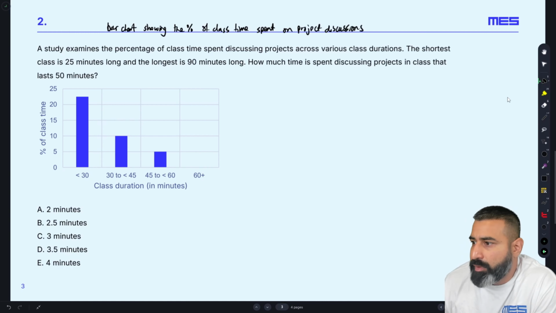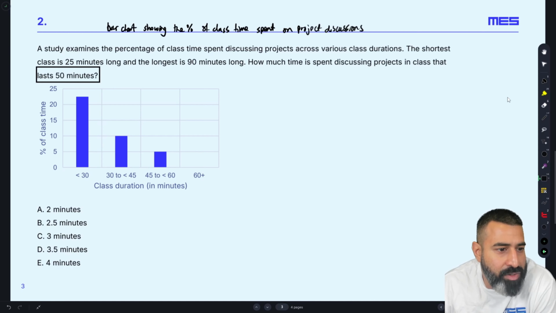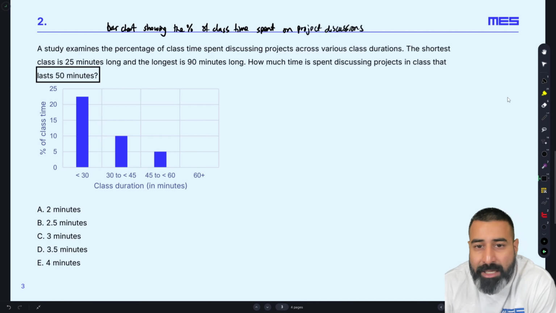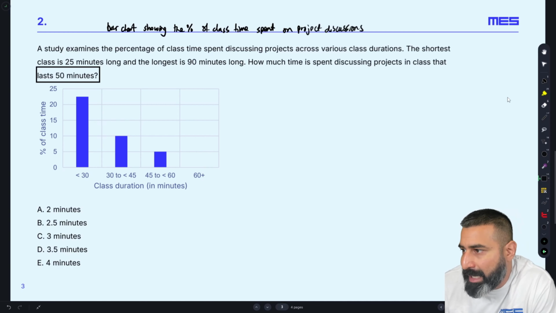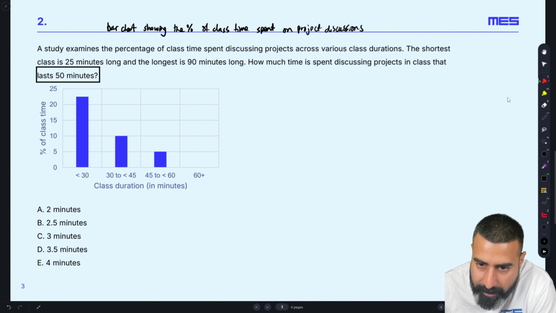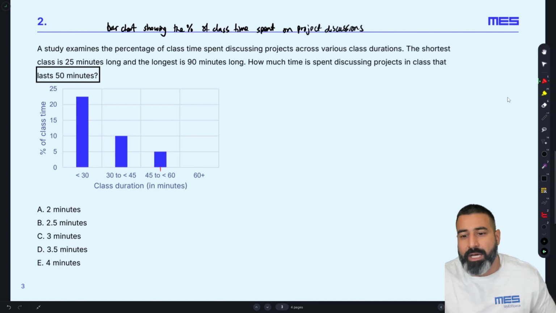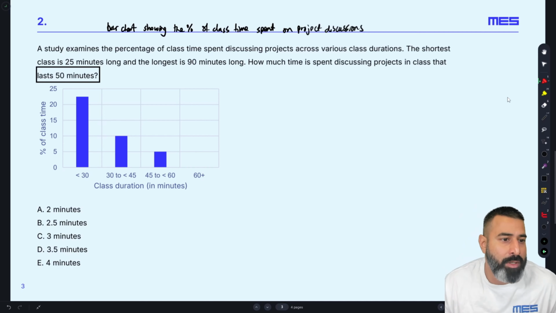We're also told that this class lasts 50 minutes. So first of all, let's locate 50 minutes. Now, we're given ranges, but our 50-minute class is going to be in this bit because it's 45 to 60, so 50 is within that range.